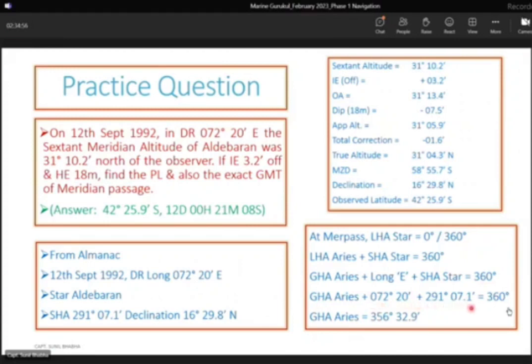We know the SHA of the star, obtained from the almanac, 291 degrees 7.1 minutes. Putting these two values here, we get the value of GHA Aries as 356 degrees 32.9 minutes. So at the time of meridian passage of the star, the GHA of Aries was 356 degrees 32.9 minutes. Using this, we can now find the exact meridian passage time.